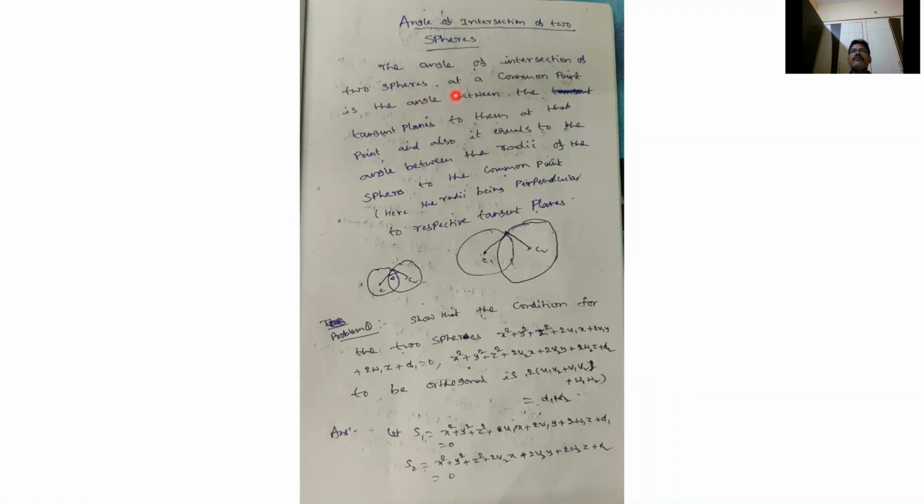First, we see angle of intersection of two spheres at a common point. Suppose the spheres intersect at a common point. The angle of intersection of two spheres at a common point is the angle between the tangent planes to them at that point. So we have to find the tangent planes to them at that point, and the angle between these tangent planes is the angle between the two spheres at the common point.